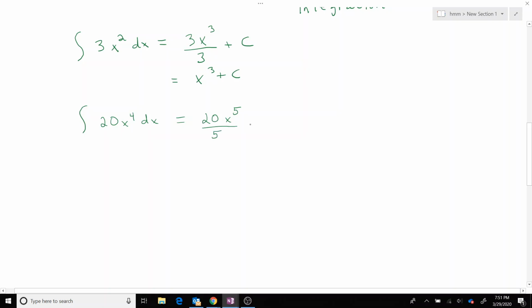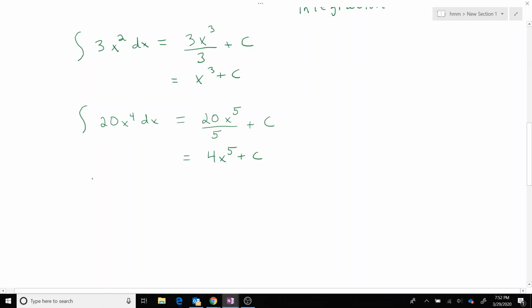So I'm going to divide by 5, and I always got to remember that c out there. That's an easy thing to forget. So 20 divided by 5 would be 4. I got 4x to the 5th plus c. If you're not sure if that's right, take the derivative of 4x to the 5th plus c, and you would get 20x to the 4th, which is exactly what I started with. So you can always check your answer by taking the derivative and seeing if you've got it.